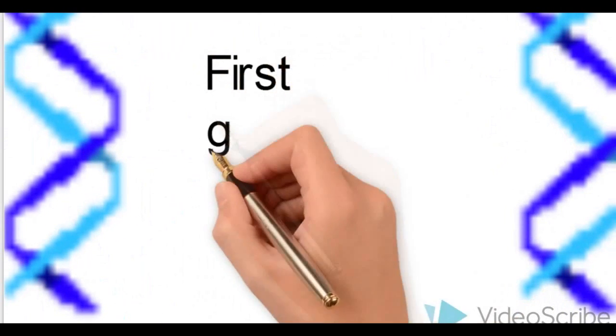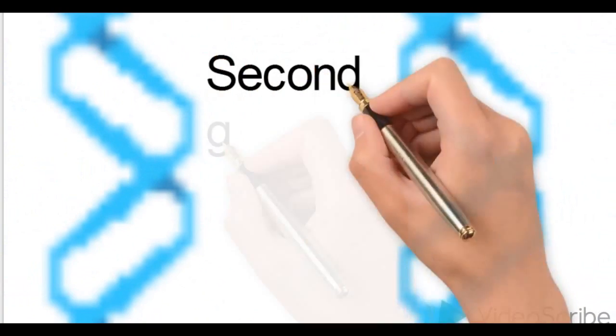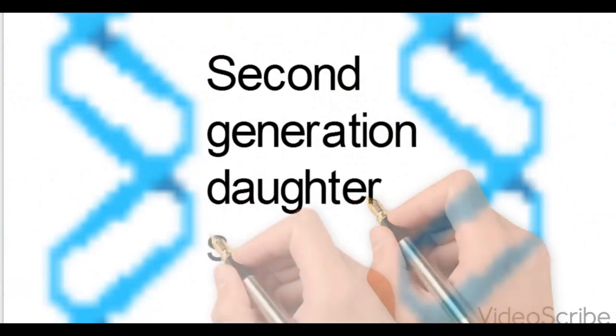One of them will be a parental strand and the second will be a daughter strand. And after that, each separates itself into two again. So you see this. It means second generation daughter strands.